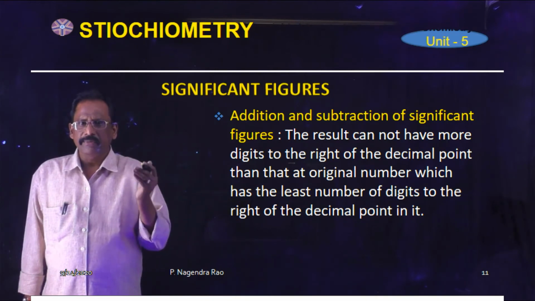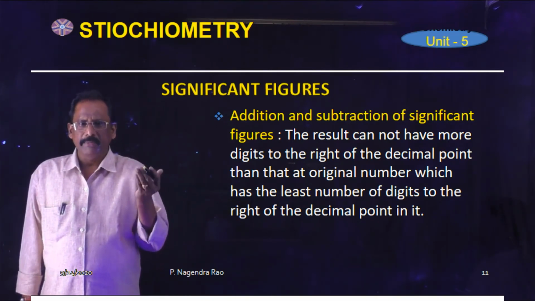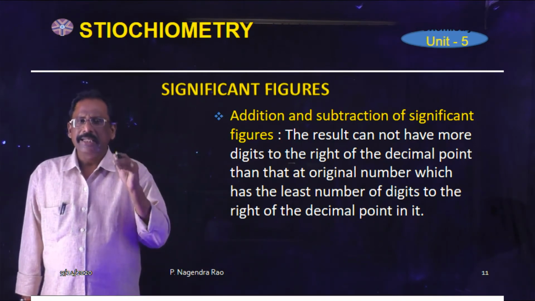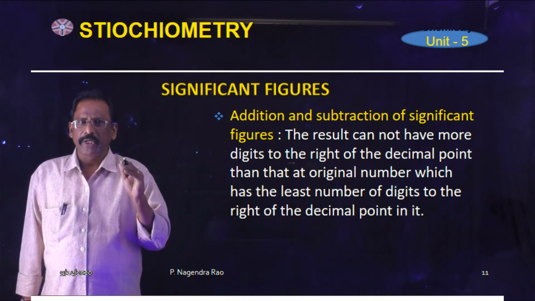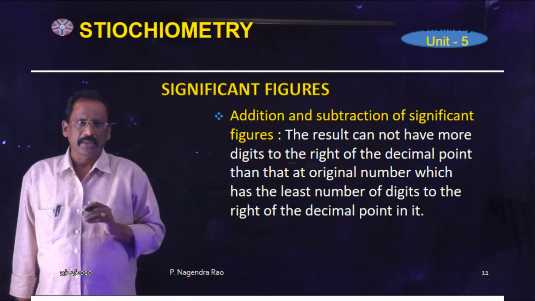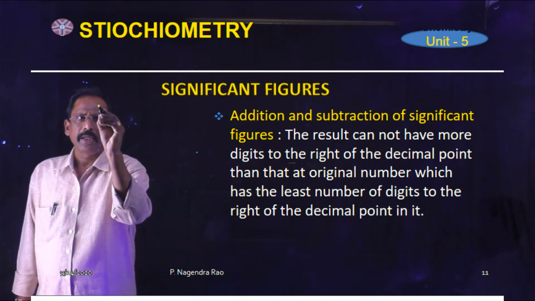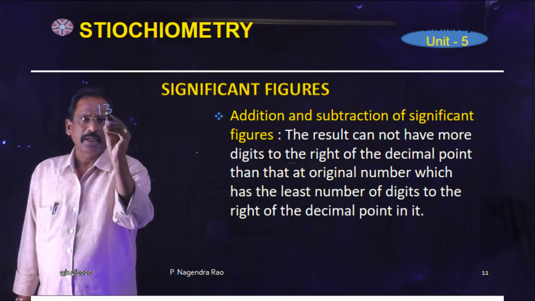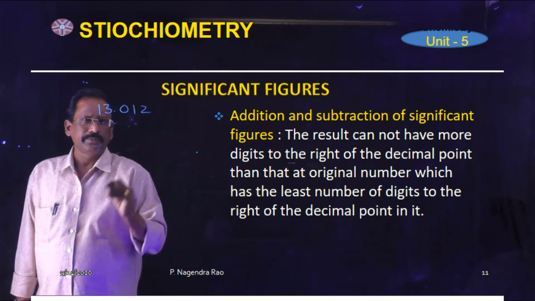the right of the decimal point than the original number which has the least number of digits to the right of the decimal point in it. That means, see this addition here. For example, 13.012 is one of the values.